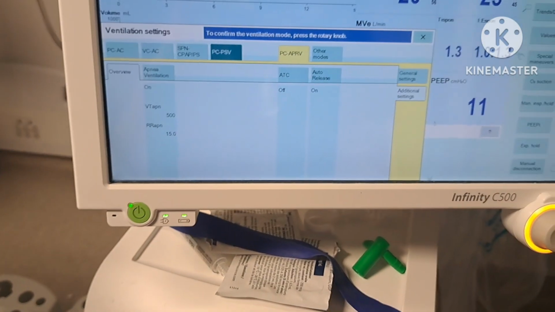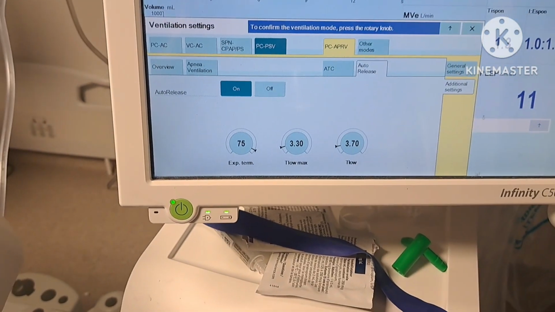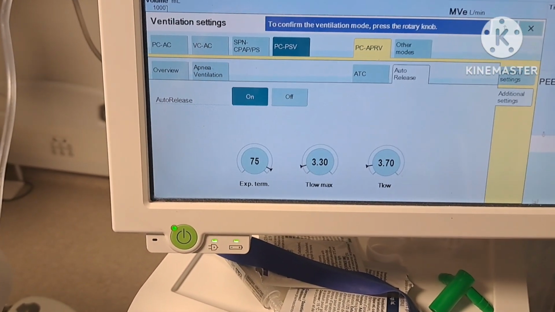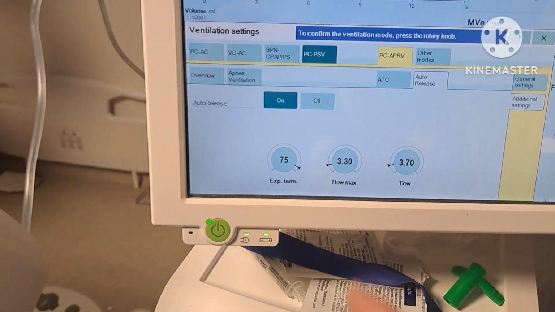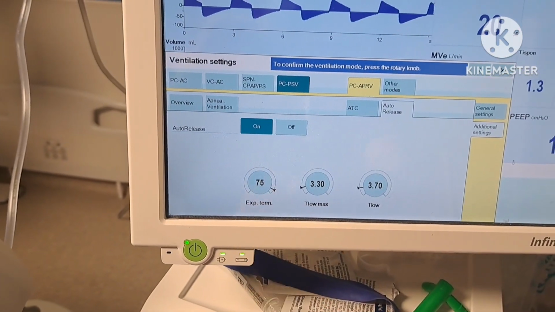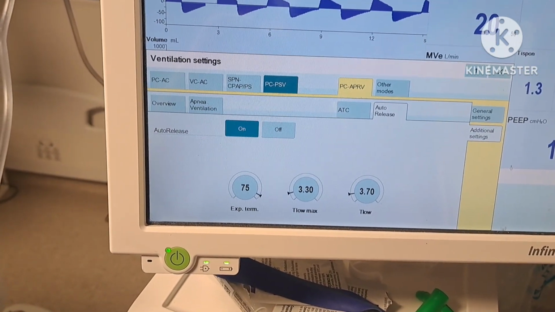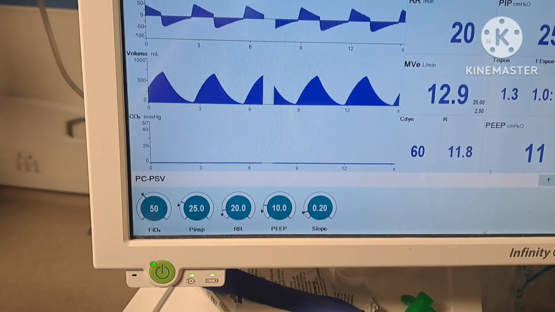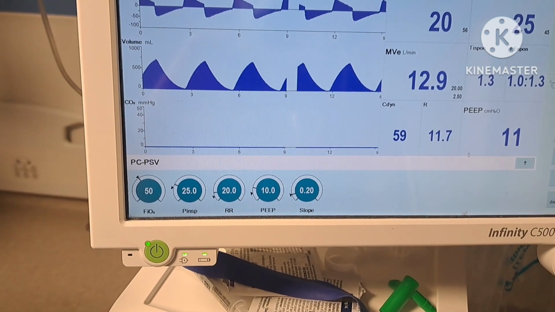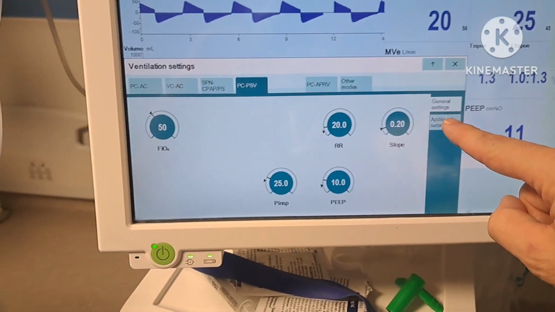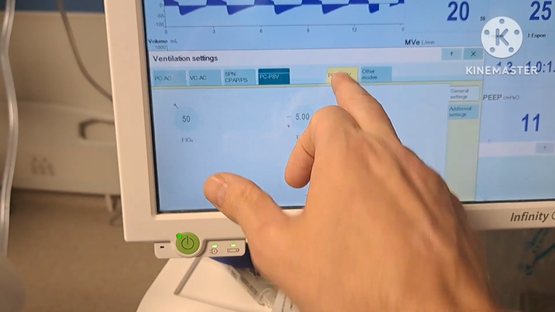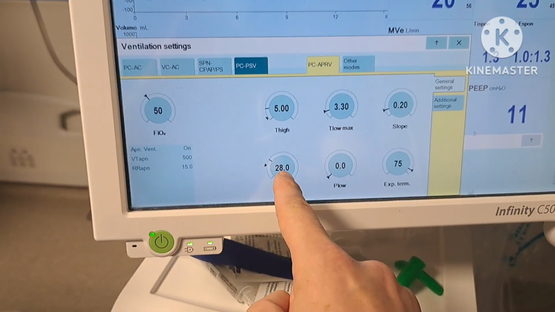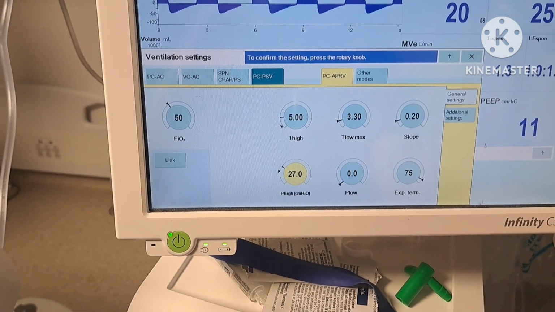Expiratory termination, we use the auto release that will stop the descent from your P high to P low when the end expiratory termination is 75% of the peak expiratory flow, and it measures it for you. Okay, so let's accept all of these values, and we're going to see what happens when we transition.